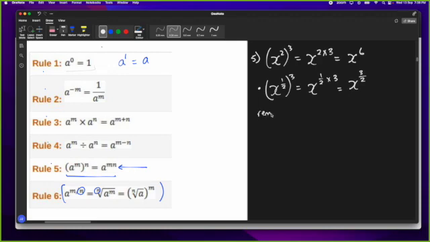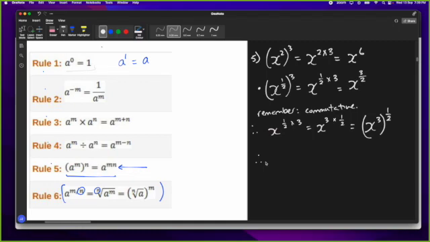Remember, multiplication is commutative. So x to the half multiplied by 3 is the same as x to the 3 multiplied by a half, which is the same as x to the 3 with the half on the outside.